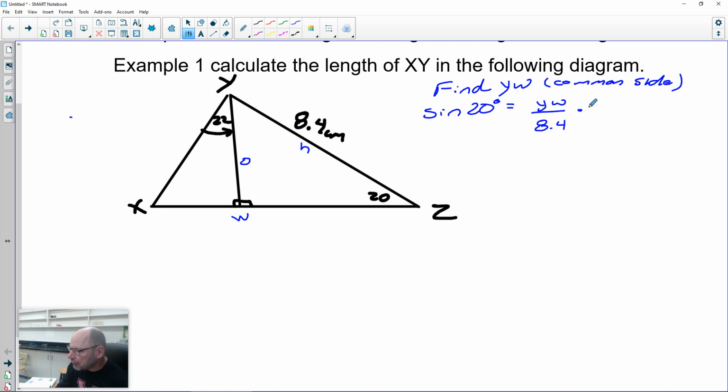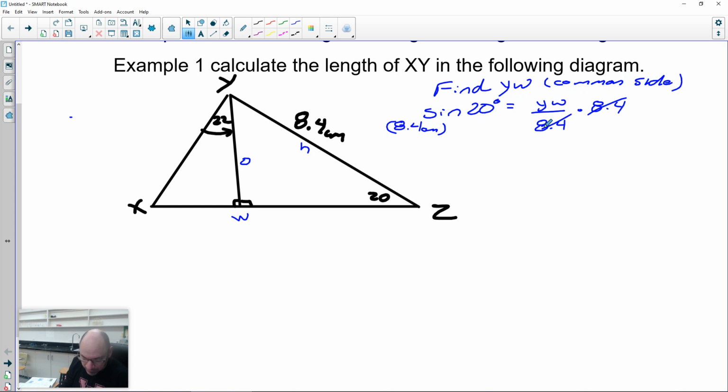So we're going to multiply both sides by 8.4 to get our result. Okay, that's going to cancel it out here. Take your calculator out, okay, and go sine 20. Make sure your calculator's in degrees, obviously.